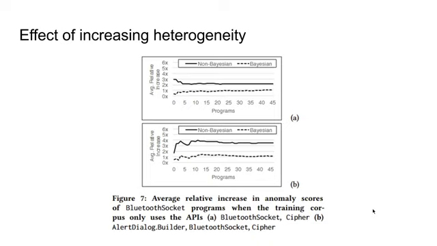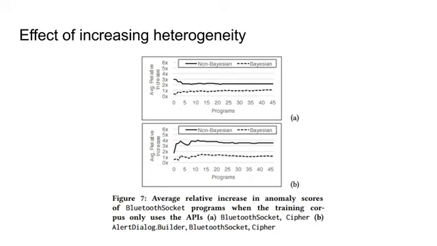The next graph is figure 7. This sort of addresses the effect of increasing heterogeneity in the training data. You can see on the x-axis you have the number of programs increasing. And what the y-axis is assessing is the average relative increase of anomaly score.